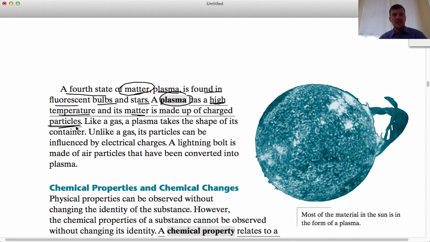Plasma does spread out like a gas and take the shape of its container, but it is a charged particle, and it is a result of stripping away some of the electrons. So then the nucleus of the atom is still positively charged, and you have basically a charged material, okay? And so that's the fourth state of matter called plasma.